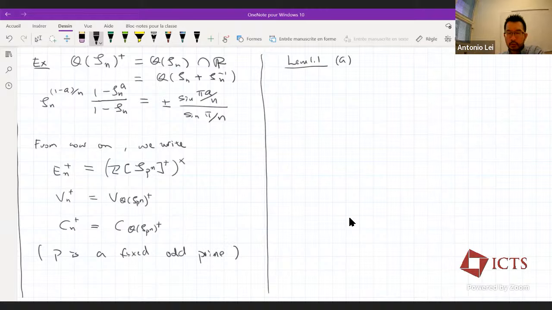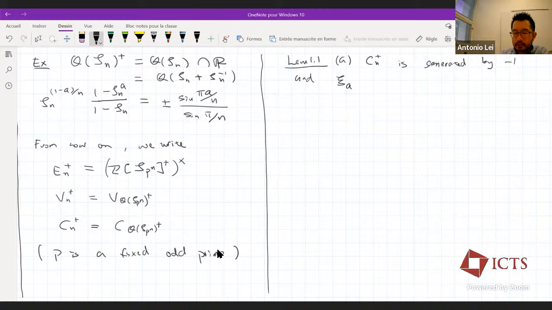Some simple results that we can prove is that when you look at this C_n^+, the cyclotomic units in this totally real field, it is generated by -1 and this explicit element, which I'll write c_a, to be these elements.